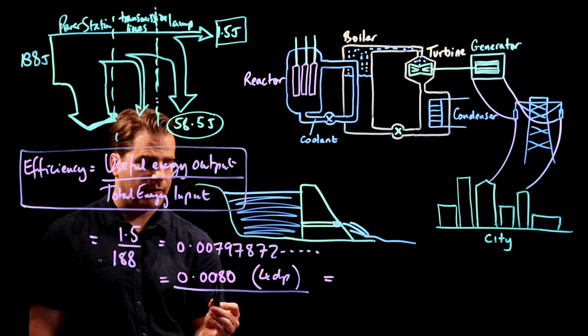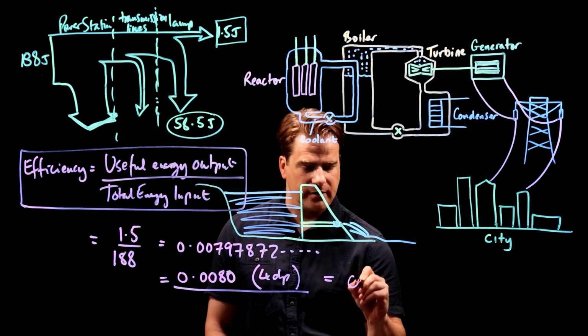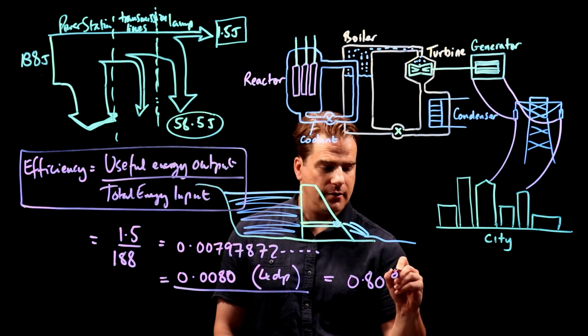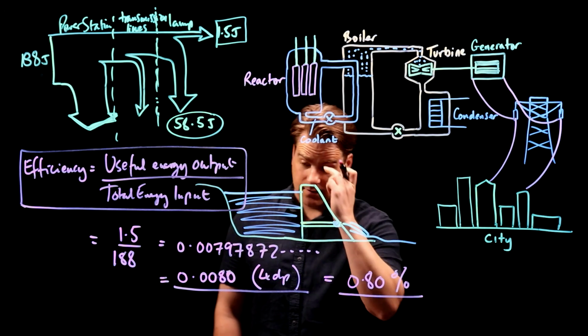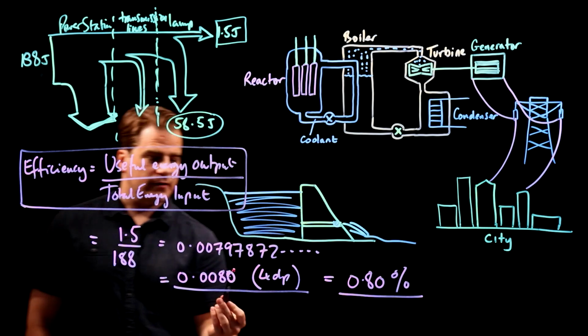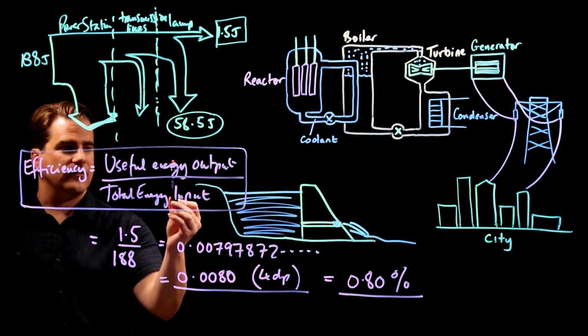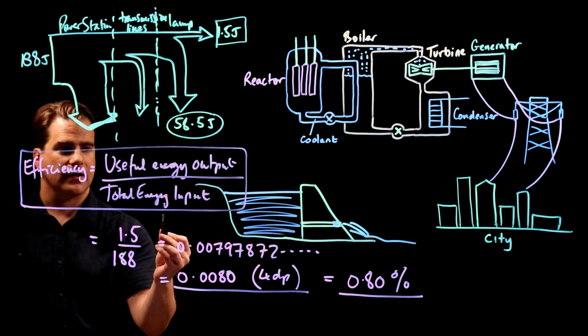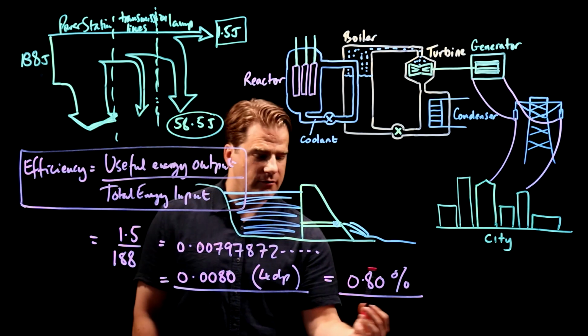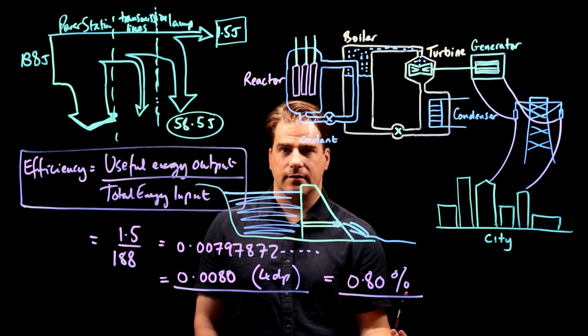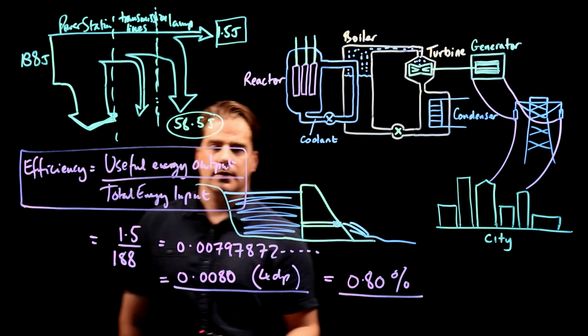So that's 0.80%. Okay. That doesn't have units because it's energy divided by energy. Okay, so they cancel out, no units. But if you're going to write it as a percentage, you have to write the percent.